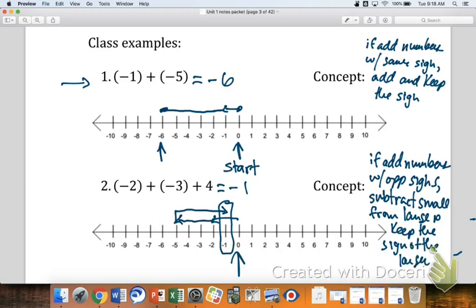This is if you are adding opposite signed numbers. Subtract small from large, keep the sign of the larger number.